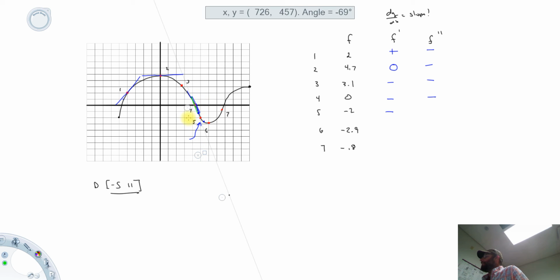Just before. Just after. And what I want to point out is the slope went from decreasing along this part of the curve to increasing along this part of the curve.